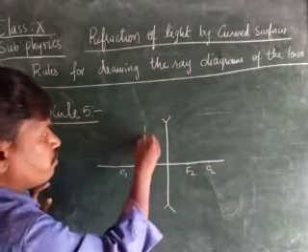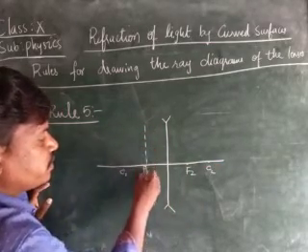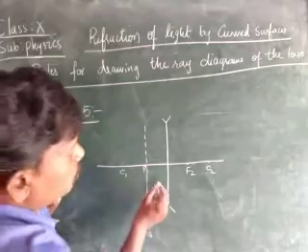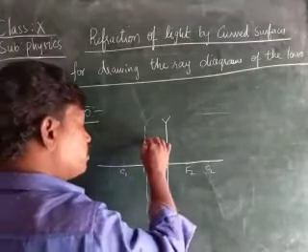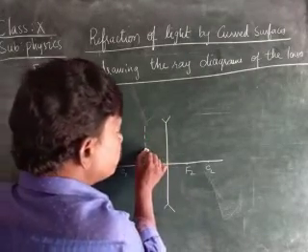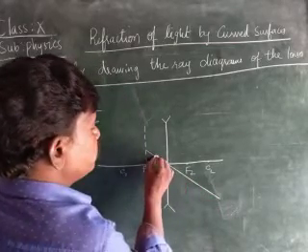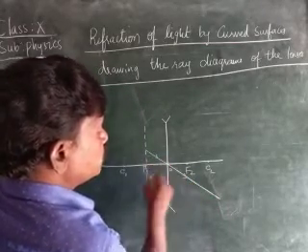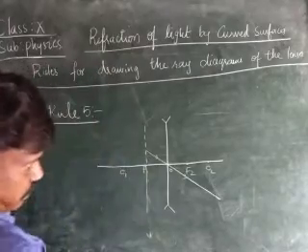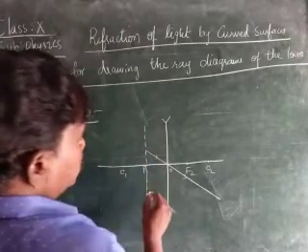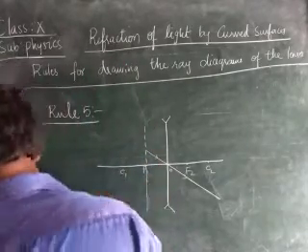Here I am first drawing the focal plane, and you draw a line which is passing through the optic center. When a light ray is passing through the optic center, it is undeviated.